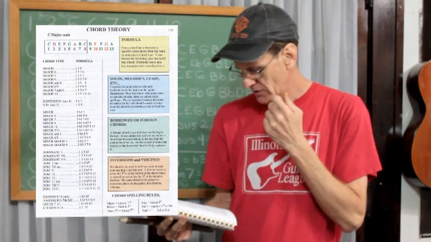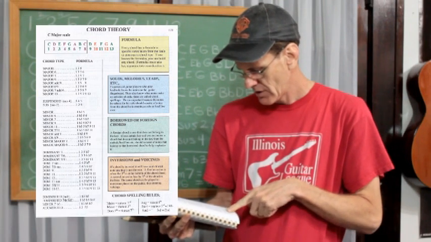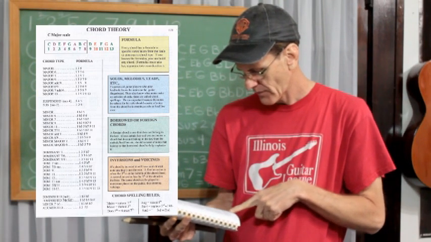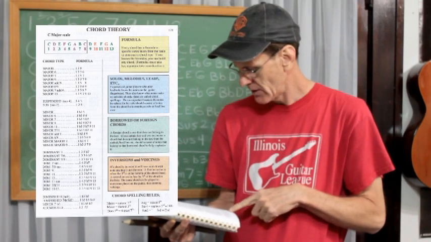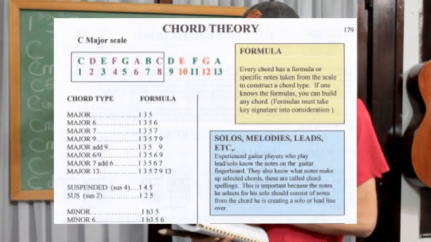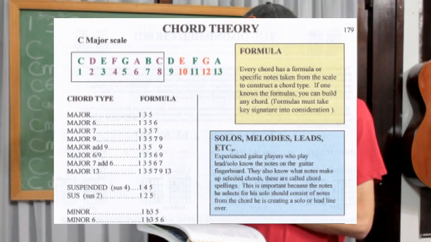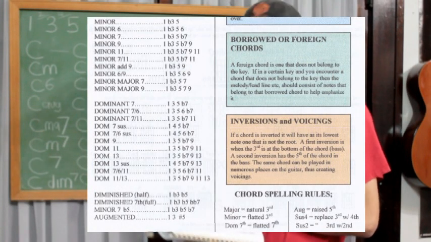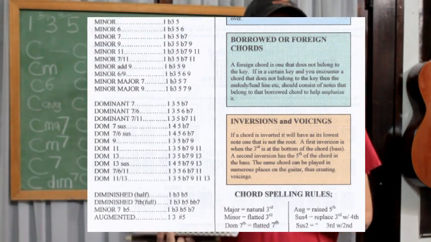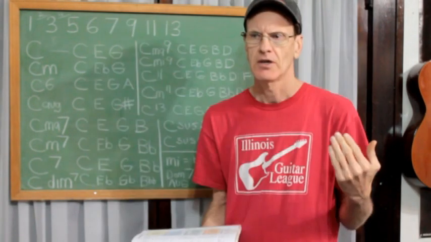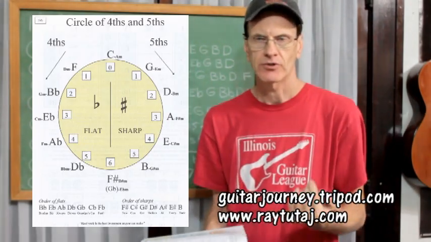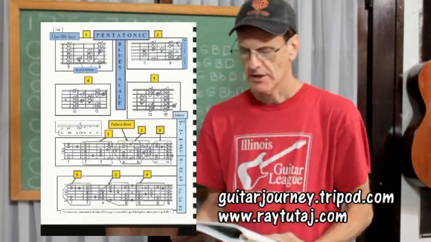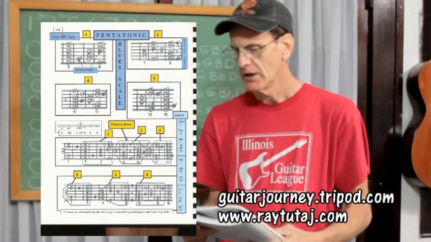It covers all of them: the diminished half, diminished full, minor 7 flat 5 at the bottom, augmented, and a little bit about what formula means, and borrowed or foreign chords. A ton of great stuff. So you may want to check that out, and it has quite a few other theory items or charts here, as you can see that I'm listing here.